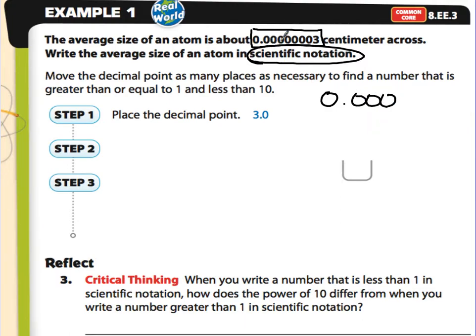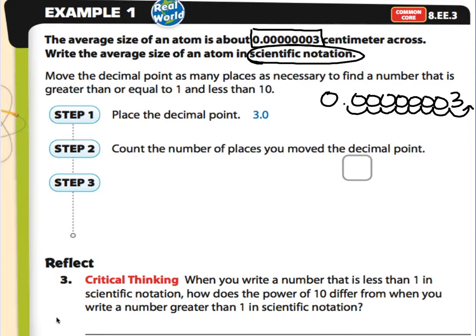How many zeros? 1, 2, 3, 4, 5, 6, 7, and then the 3. So 1, 2, 3, 4, 5, 6, 7, 8. And that's what we get for our decimal. Now in step 2, count the number of places you moved the decimal point. In this case, we moved it 8 places.